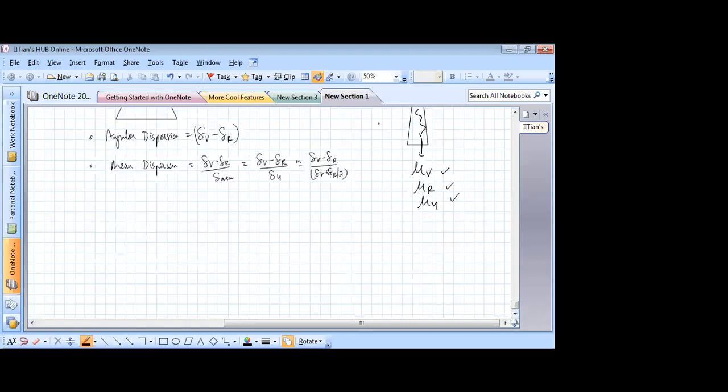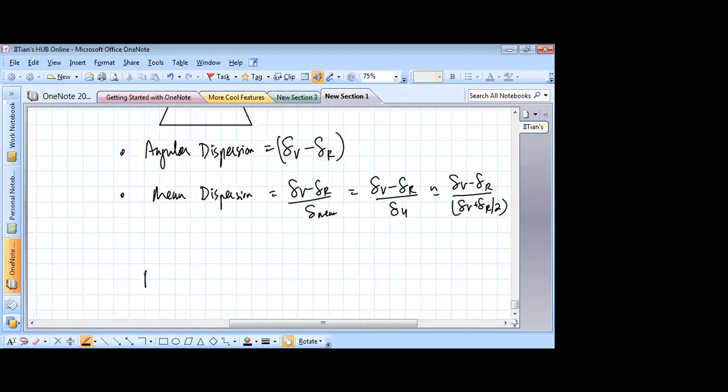Then for this thin prism, the angular deviation is refractive index minus 1 into angle of the prism. So for the individual beams also it is like this.